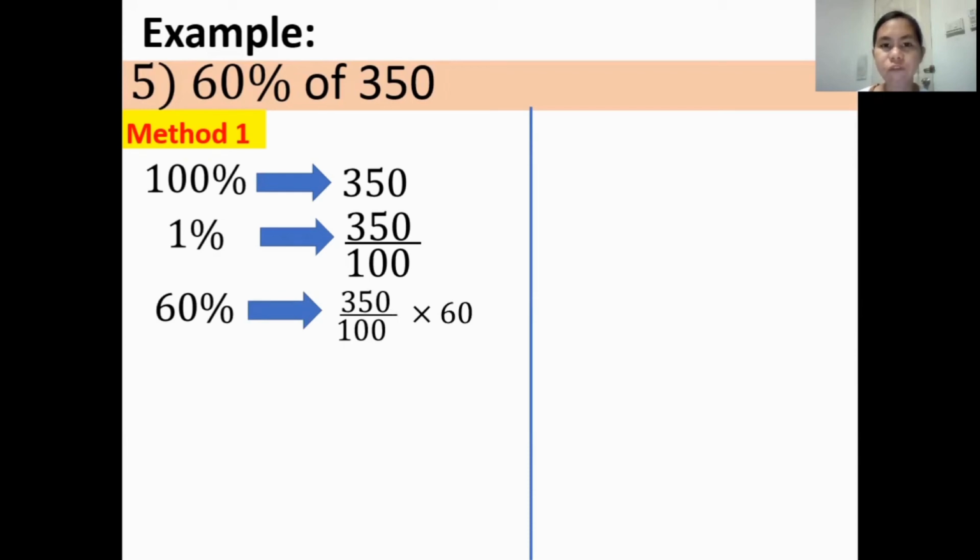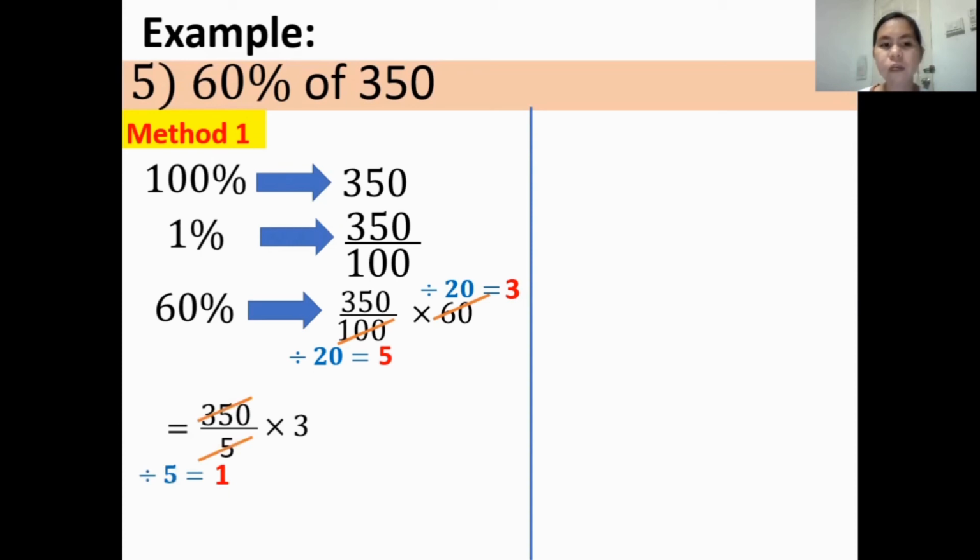We can observe that 100 and 60 are divisible by 20. So 100 divided by 20 equals 5. And 60 divided by 20 equals 3. So the remaining numbers are 350 over 5 times 3. Again, in the remaining numbers, we can say that 350 and 5 are divisible by 5.